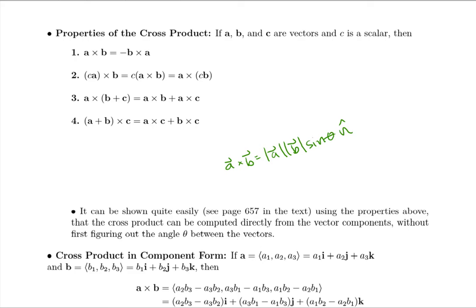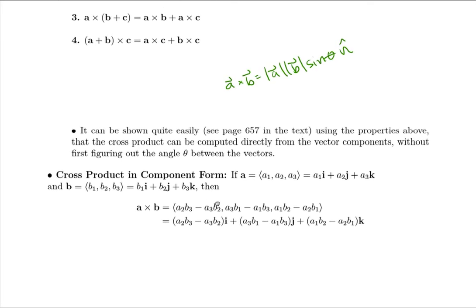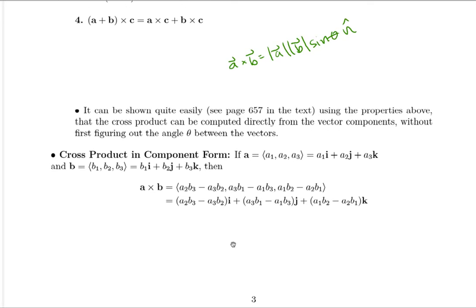So there is a way to compute the cross product without referencing the angle or the magnitudes. And here it is. If I want to take the cross product of (a1, a2, a3) with (b1, b2, b3), here's the formula. You might think, is that something I need to memorize?